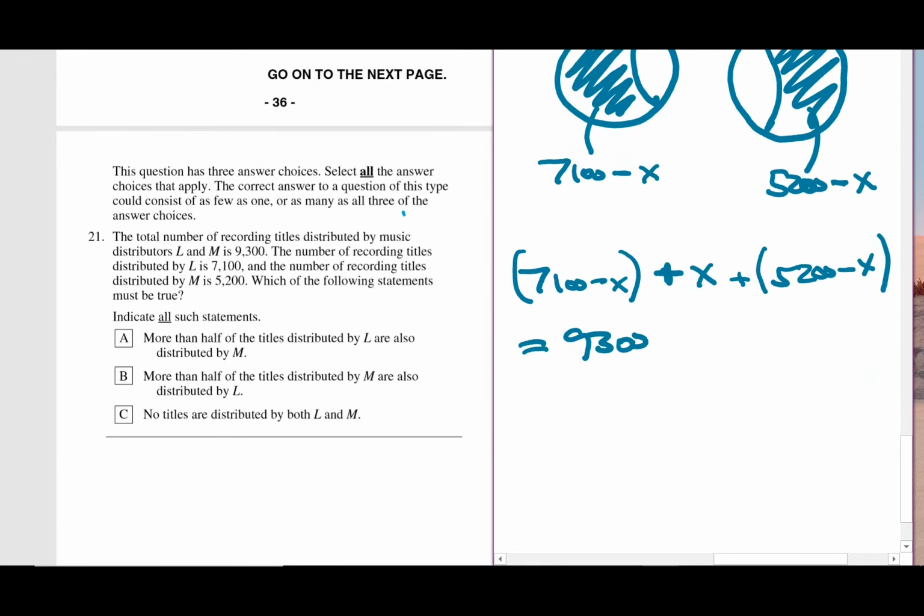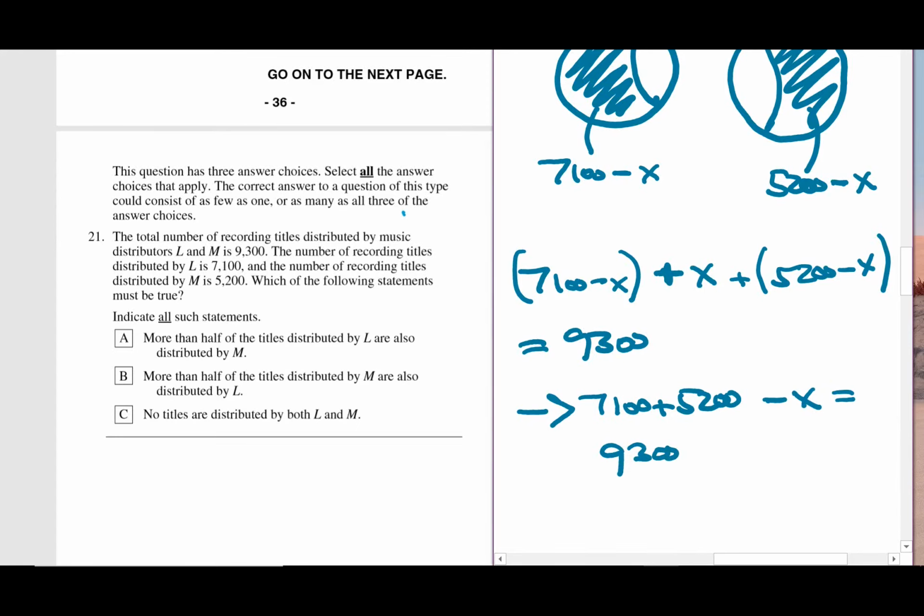So basically, now we have minus 2x, so this implies we have 7100 plus 5200 minus 2x plus x is minus x equals 9300.